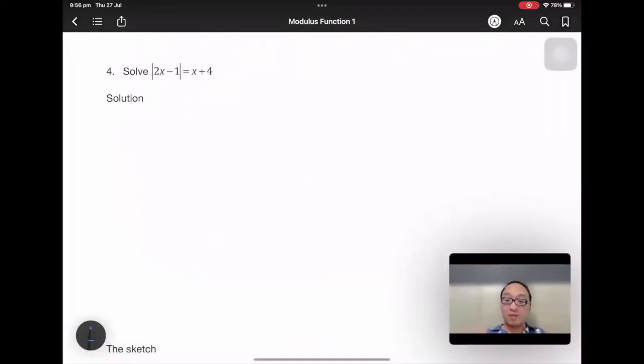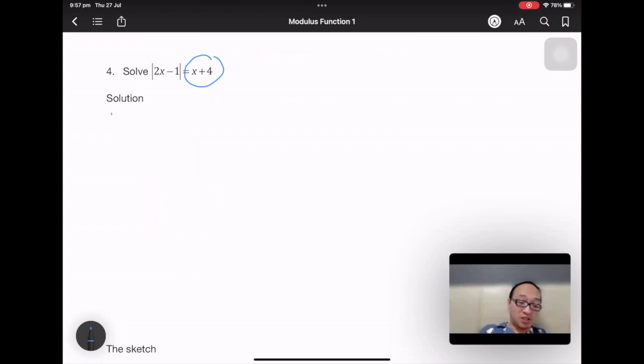Number 4. Now, solve the modulus function 2x minus 1 equals x plus 4. In this question, the right part is not always positive. It can be negative. So we cannot square both sides. So we have to use the definition.